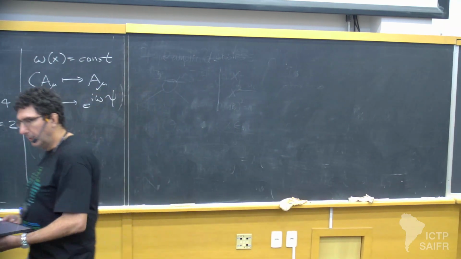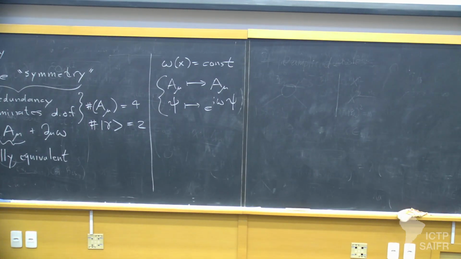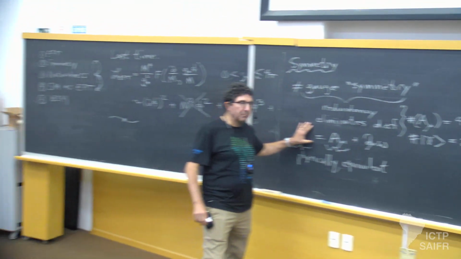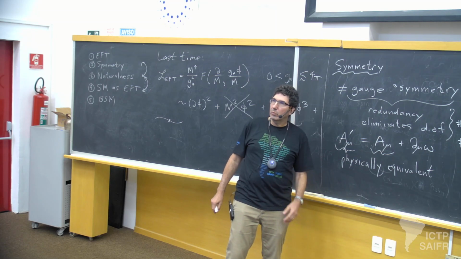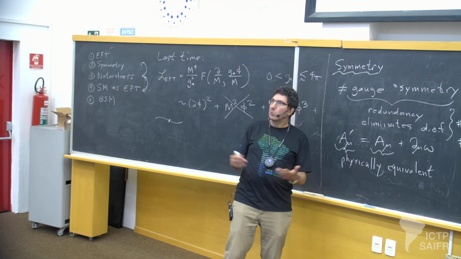Maybe it wasn't a good question. No, my question is, if the function omega is such that when you sum it with A mu, you make A prime mu equal to 0. Oh, in that case, if you can make A prime equal to 0, then your starting gauge transformation was also trivial, even though it doesn't look trivial.